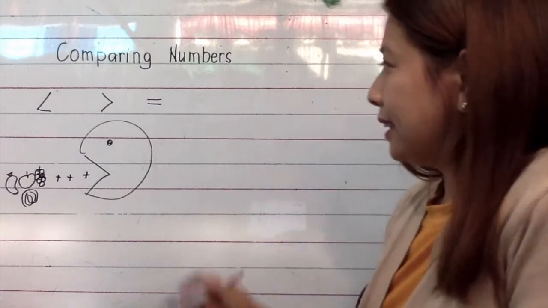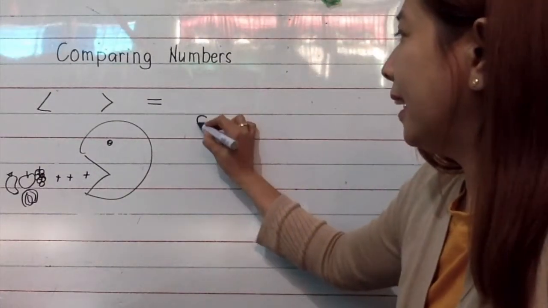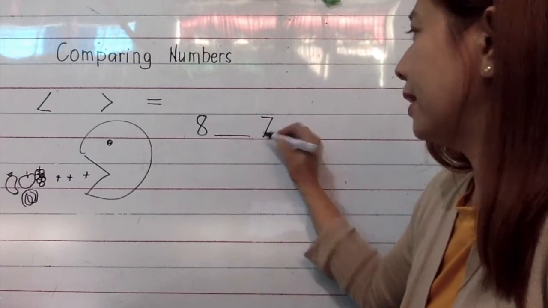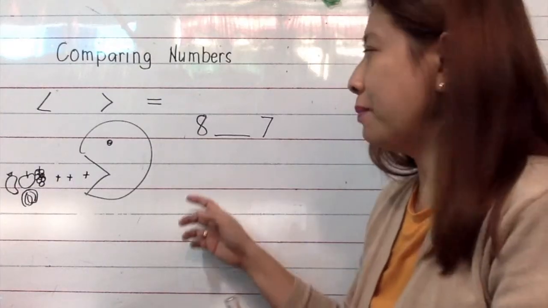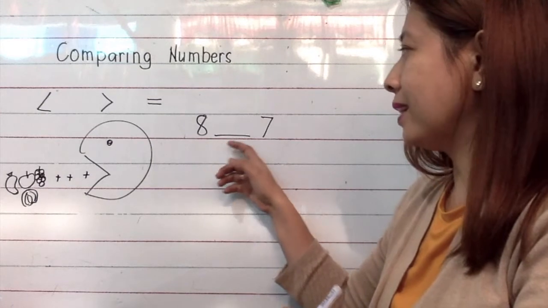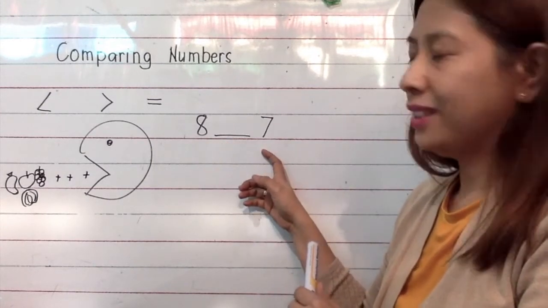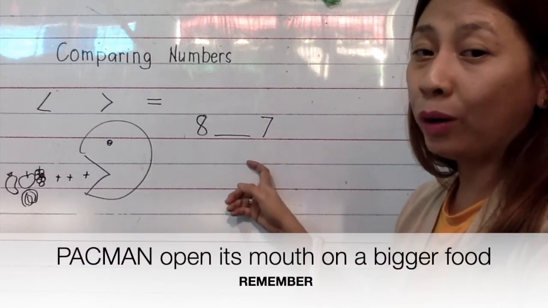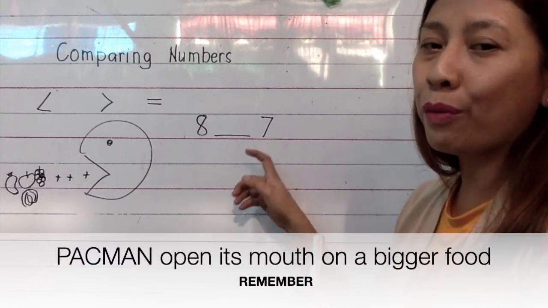Let's take an example. 8 blank 7. With these numbers, 8 and 7, Pac-Man always opens its mouth to the bigger or more food.